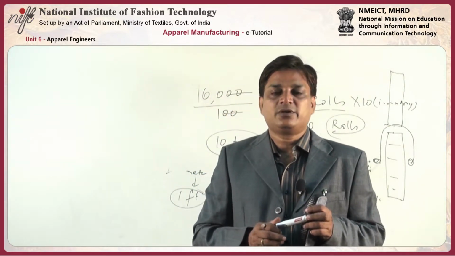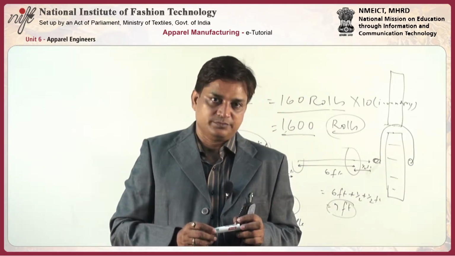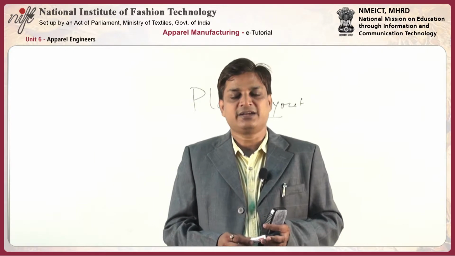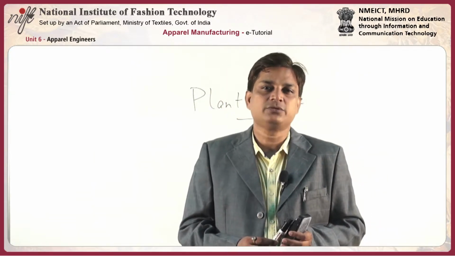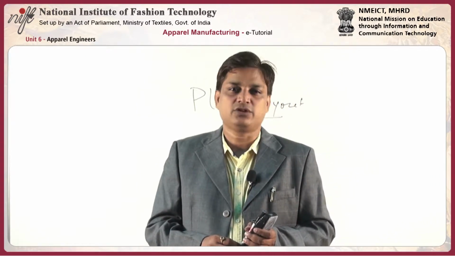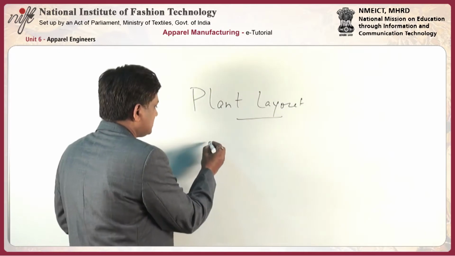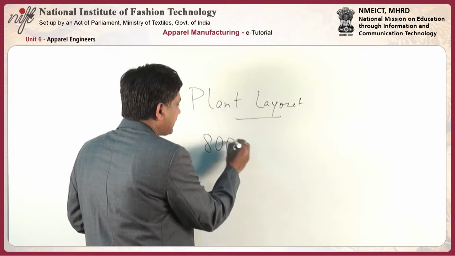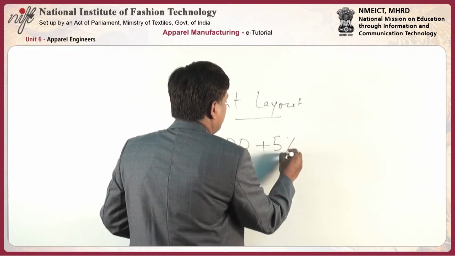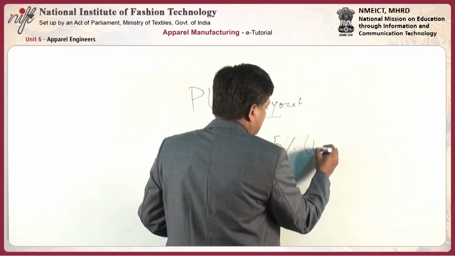After this fabric store, next we will move to the cutting room. In the cutting room, the number of pieces to be cut daily is equal to the daily production, which is 8000 pieces. Keeping 8000 pieces as the target quantity, we are planning to cut 5% extra.